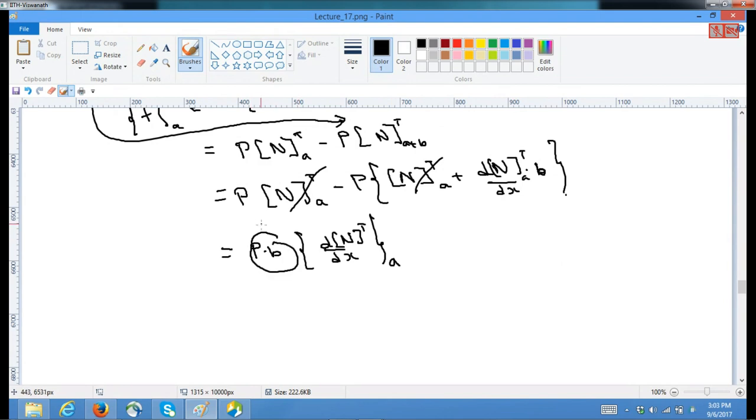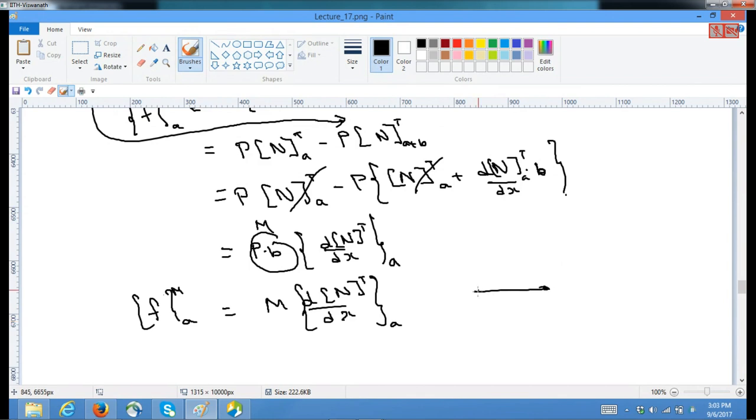I have equated P times B as nothing but M. So this is equal to M times dN transpose by dx evaluated at A. So this clearly says that this is because of a moment applied at A.